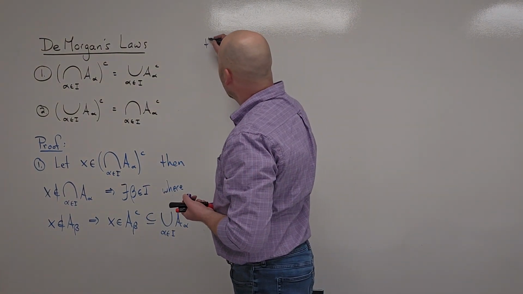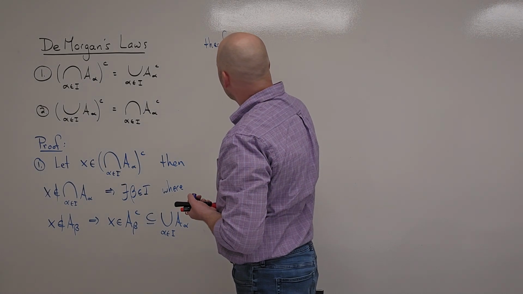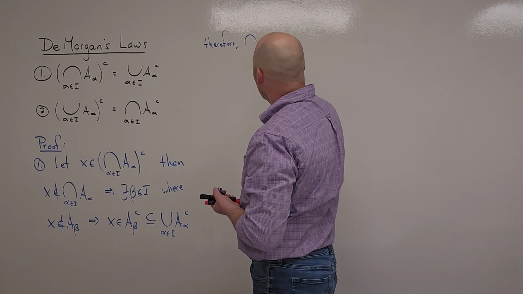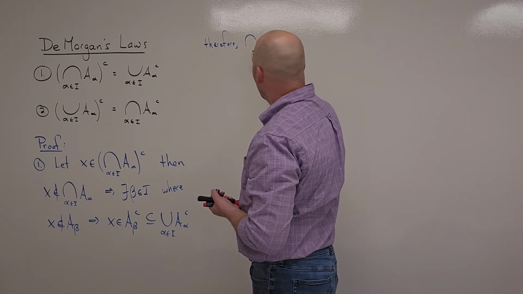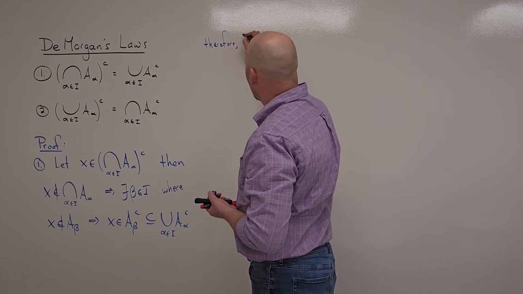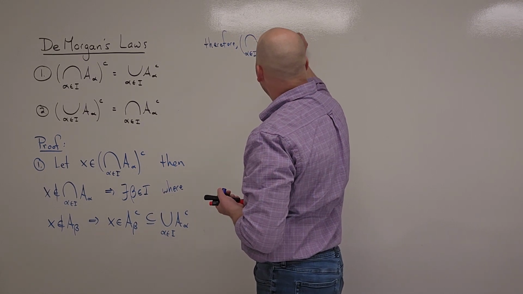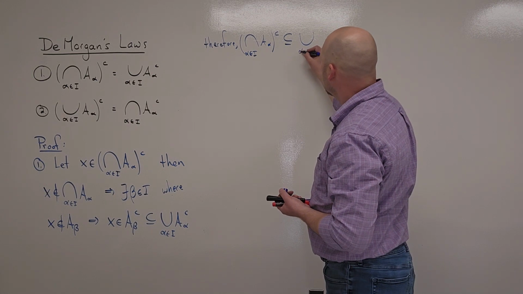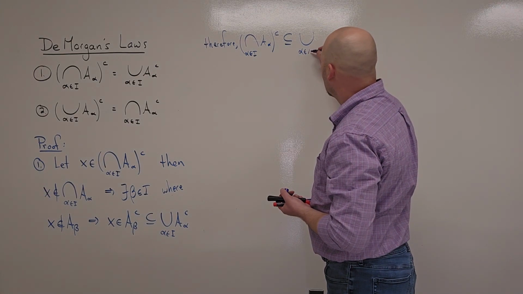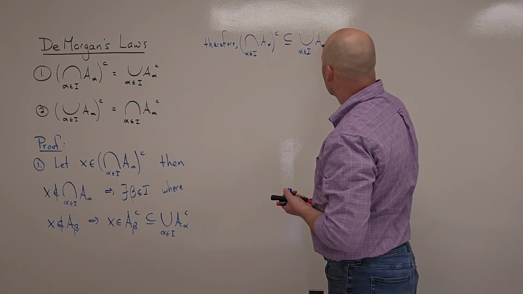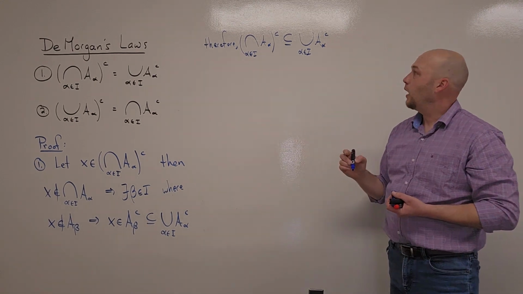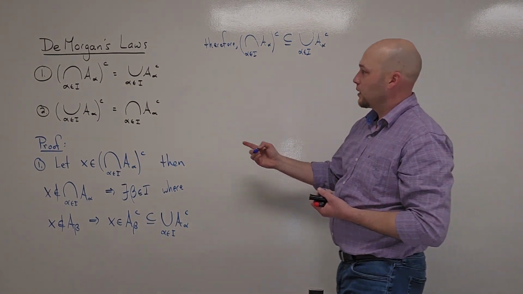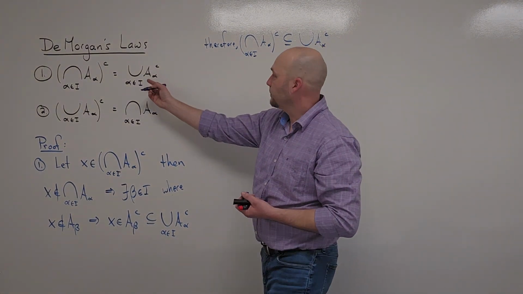Therefore, the complement of the intersection of A alpha, where alpha ranges over the entire index set, is contained in the union of the complements.